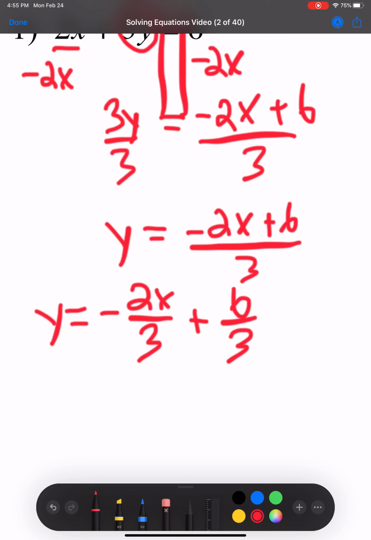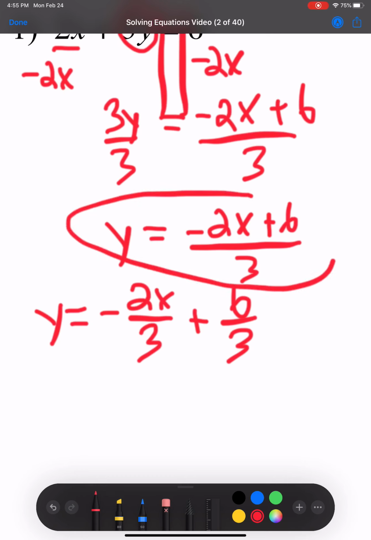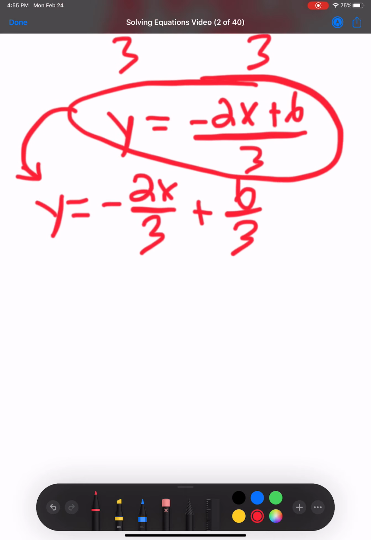When we divided by 3 on both sides, we have to make sure that it gets to each term on the right side of the equation. So what we see right here is the same thing as this down here. The nice thing now is I don't have to do much simplifying.